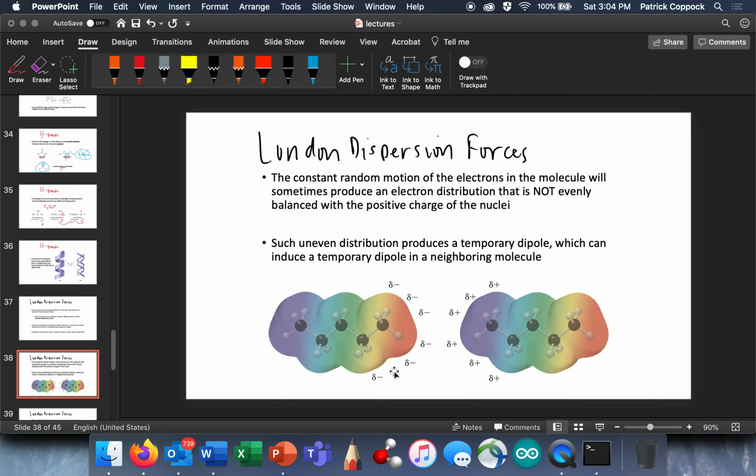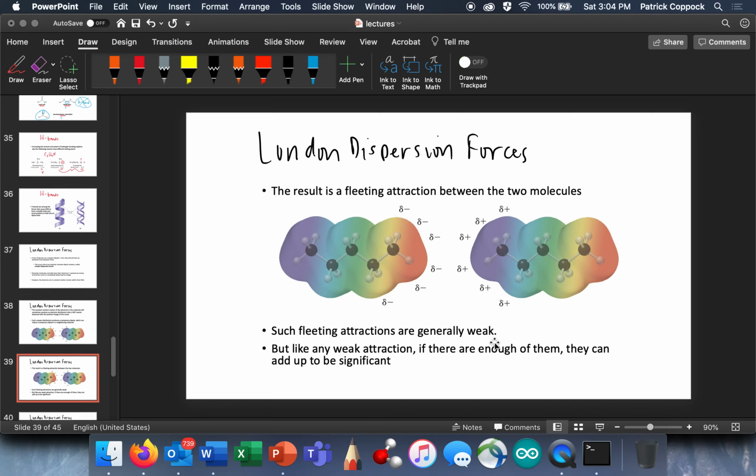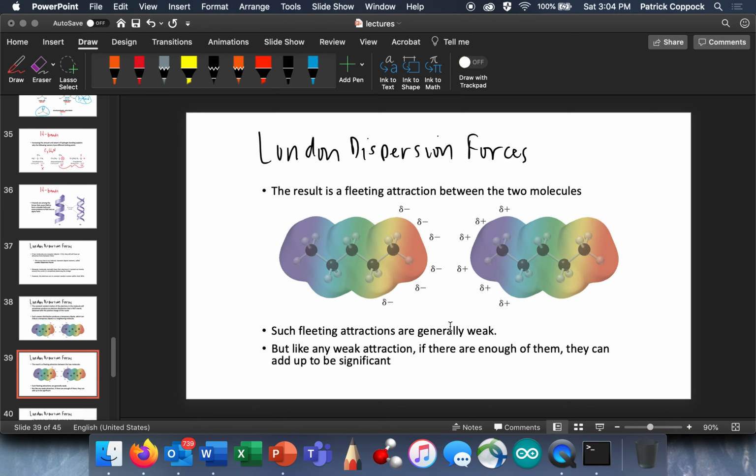So watch. At one instant in time, there might be negatives over here, okay? In the very next instant, the electrons might shift over to the other side, in which case, it's going to cause all the molecules around it to get pushed and pulled around too. This fleeting interaction is what we call London dispersion forces.